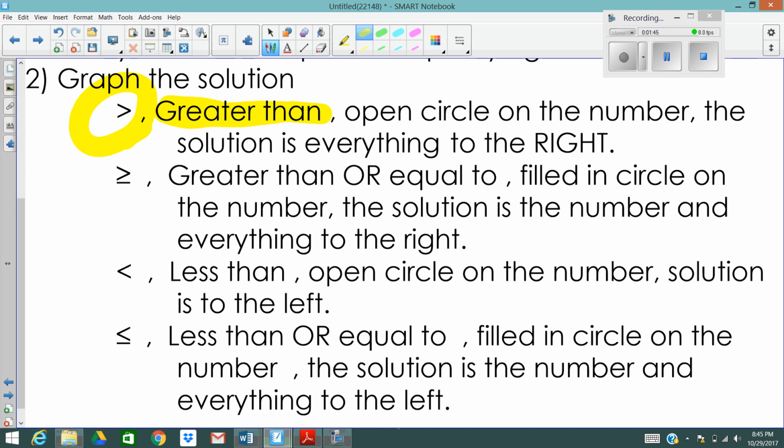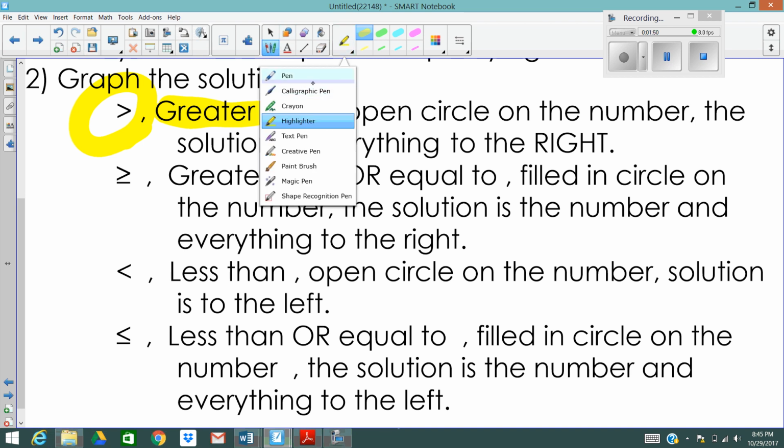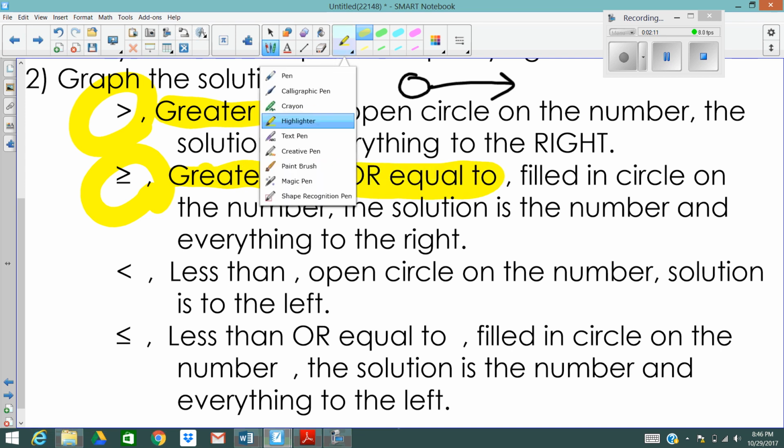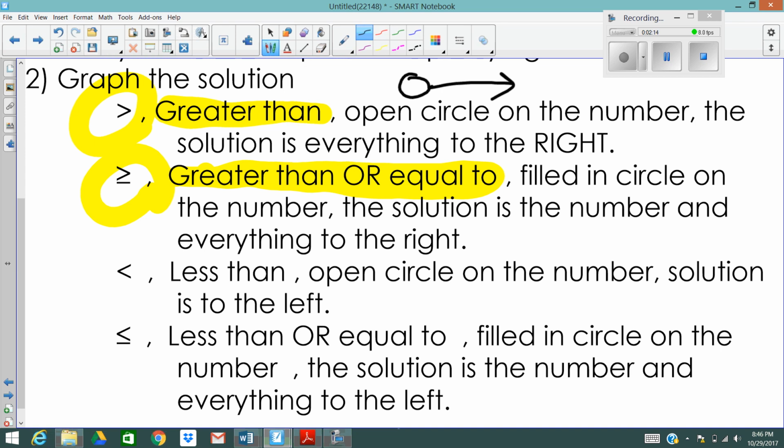When we graph it, we'll have an open circle like this on the number, and then the solution is everything to the right of that number. If we see this sign here, that is greater than or equal to. And if that's the case, we'll have a filled in circle on the number, and the solution's everything to the right as well as that number.